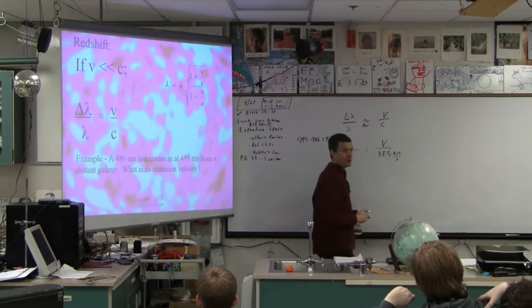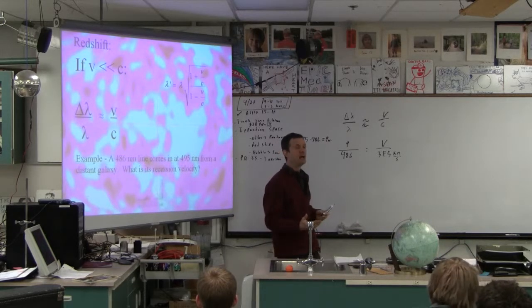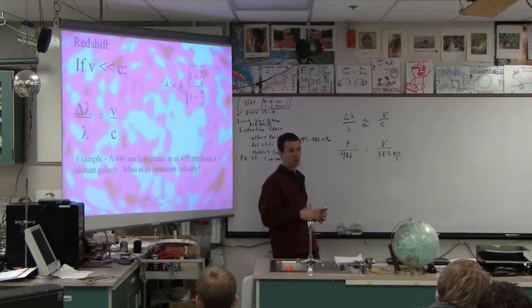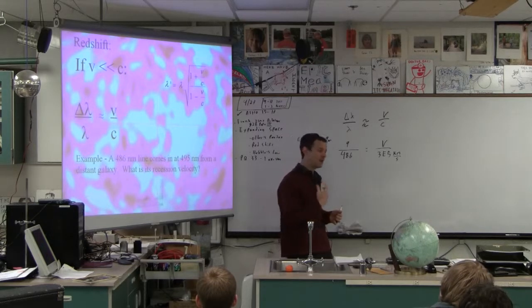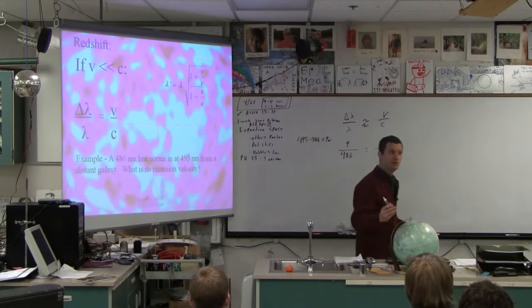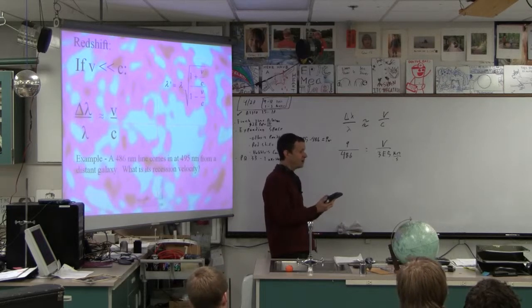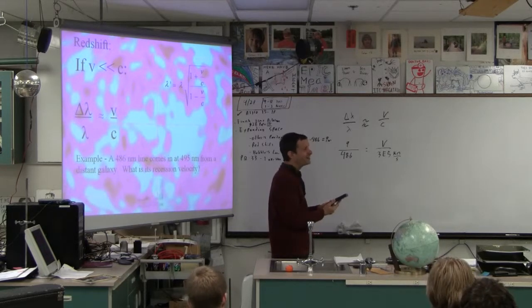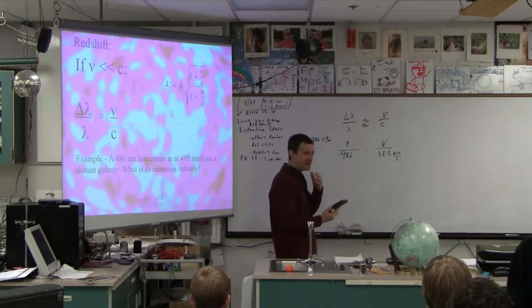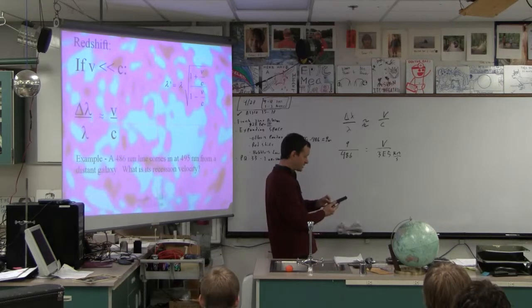Now, why am I doing kilometers per second and not meters per second? Because when we talk about these things, we always talk about recession velocities in kilometers per second. When we get to the Hubble law, we'll talk about kilometers per second of recession velocity for every megaparsec. 9 divided by 486 times 3e5.